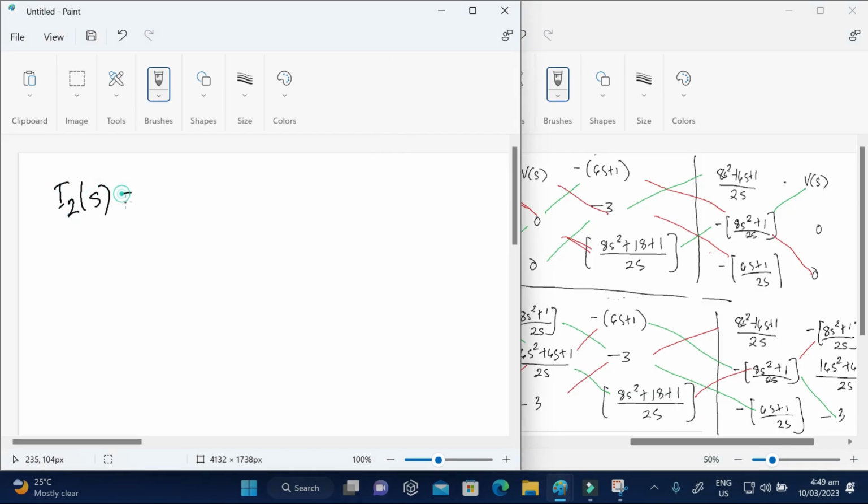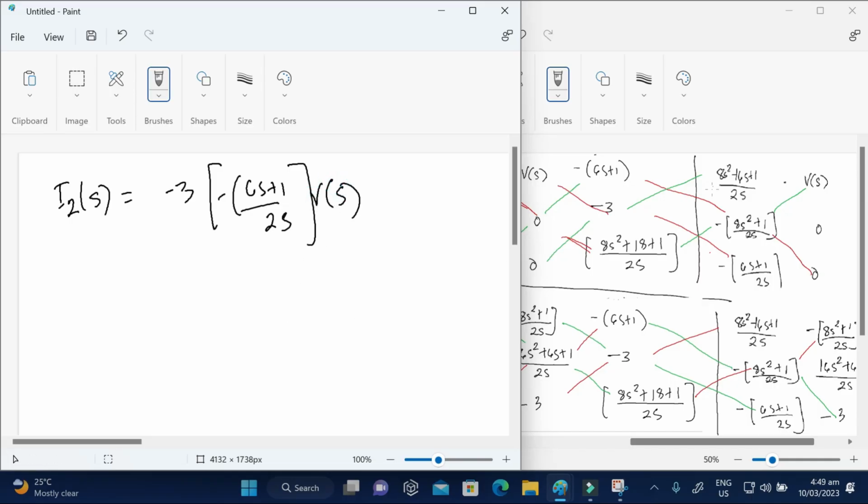So, yung upper niya ay, negative 3 times negative 6 is VS. Ayan.